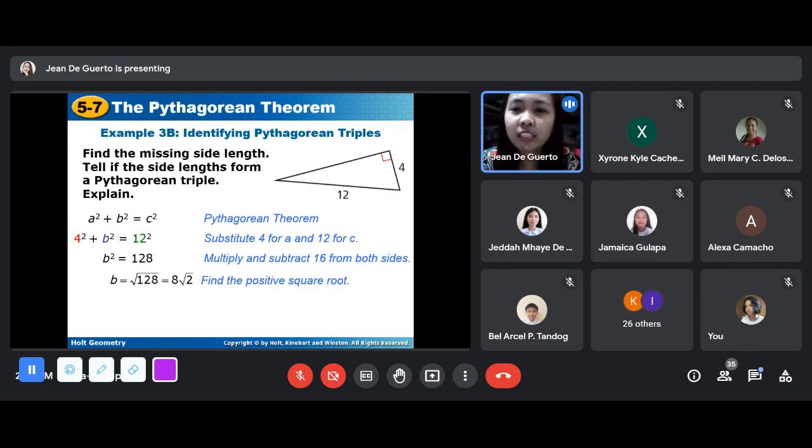Yes. So, B is equal to 8 square root of 2. Okay, now, tell if the side lengths form a Pythagorean triple. Pythagorean triple ba yung lumabas? Are 4, 12, and 8 square root of 2 Pythagorean triples? Yes or no?